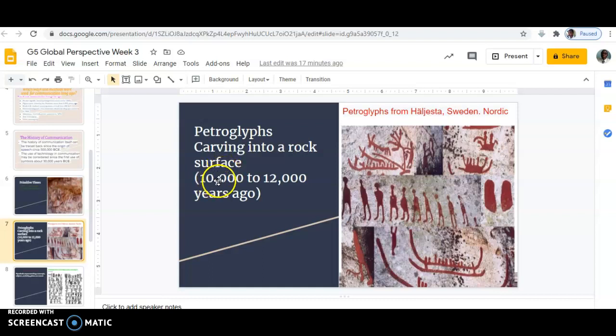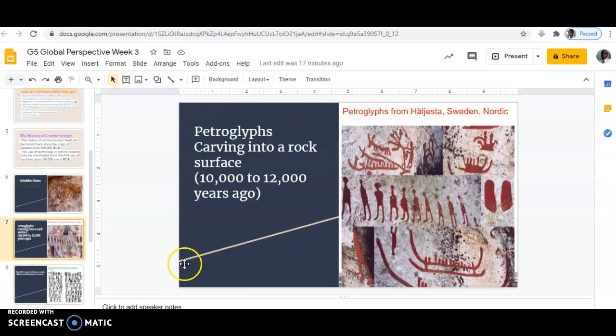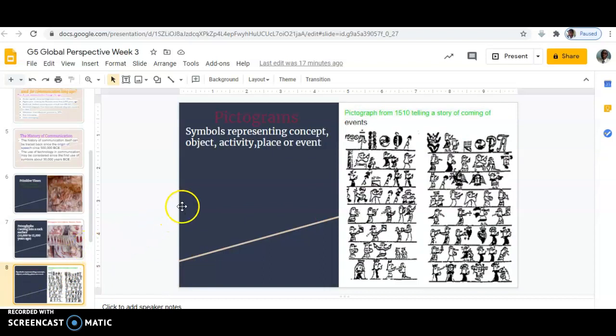This is about 10,000 to 12,000 years ago. You can see these are rock carvings, petroglyphs from Algesta, Sweden, Nordic. So they were using these kinds of communication.